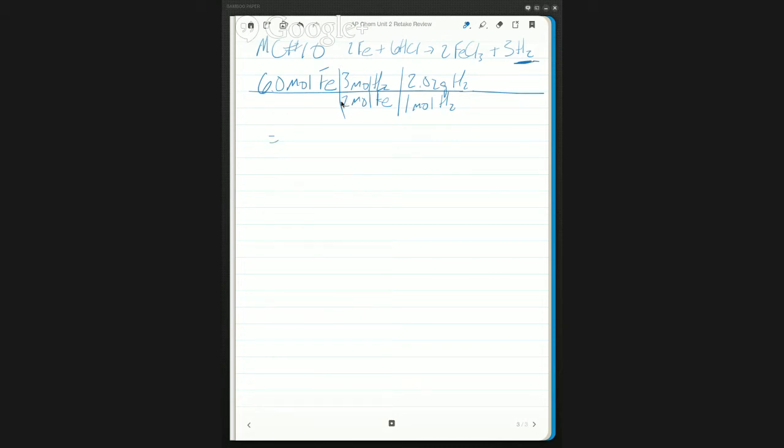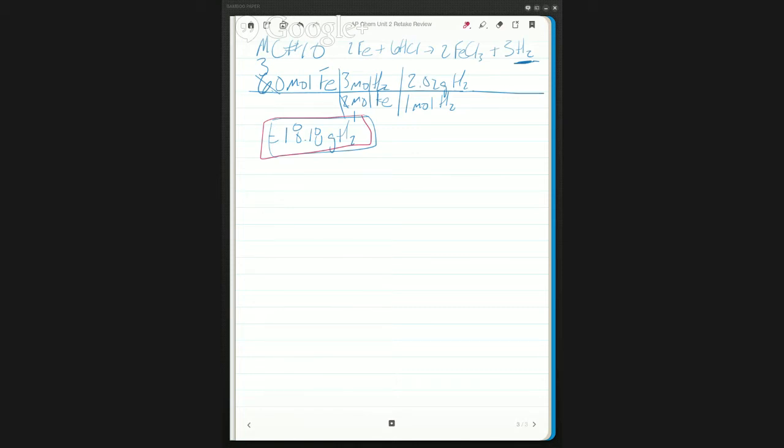And so if I do that, 2 goes into 6 3 times. 3 times 3 is 9, 9 times 2 is 18, basically. 18 grams of H2. And if I double check, that is the answer, it was just 18.0. That's the answer. Not too bad. Again, it's nice when it's actually just a straight bridge. Hopefully that will help.